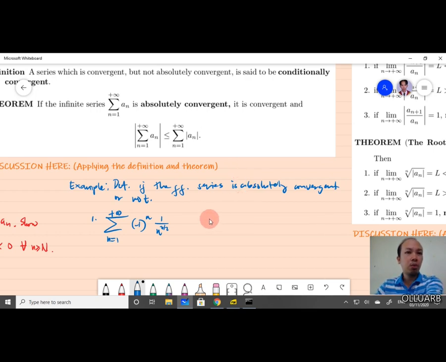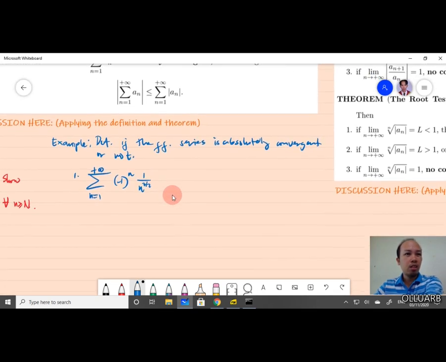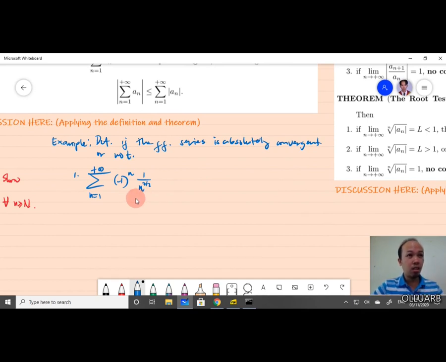So remember that the question is to determine if the series is absolutely convergent. Although the given series can be solved using the alternating series test, the question is to determine if this series is absolutely convergent or not.